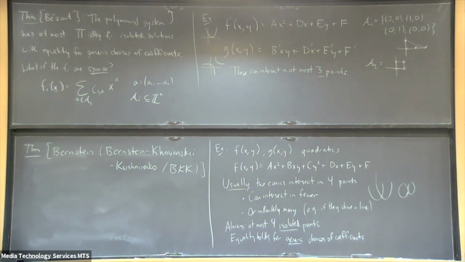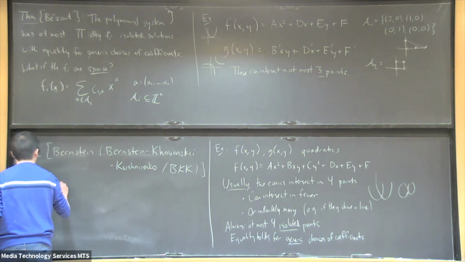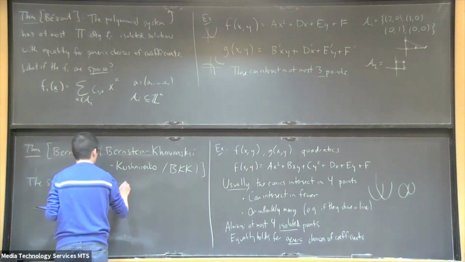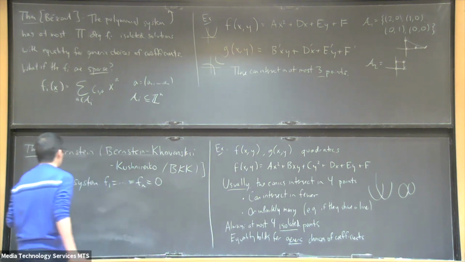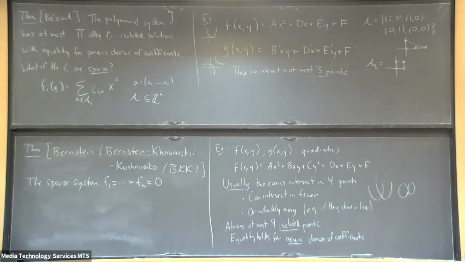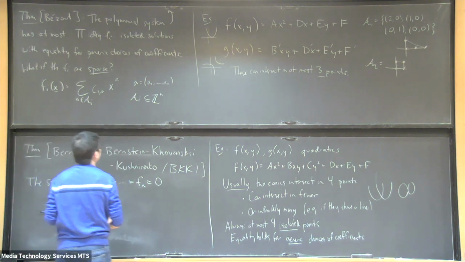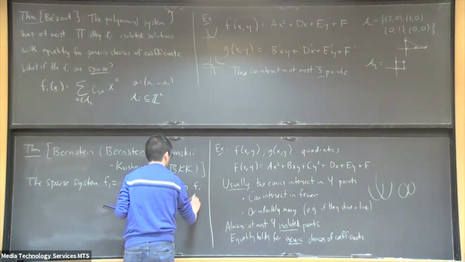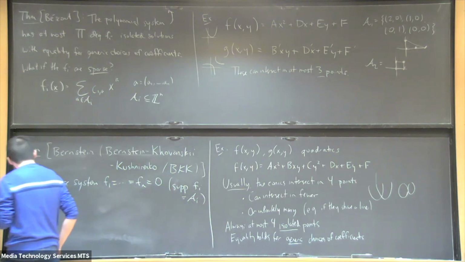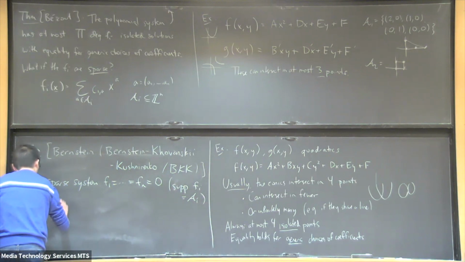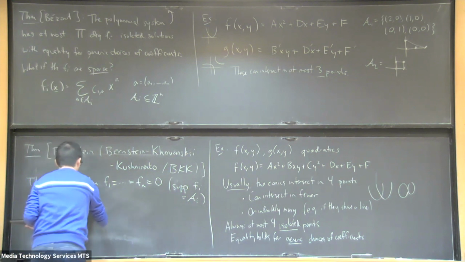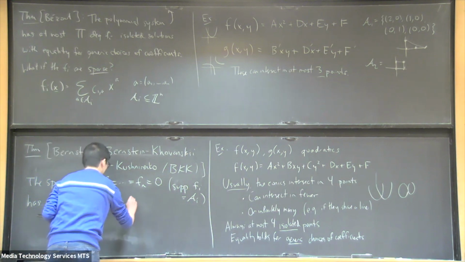So what does it say? It says that the sparse system, again assuming that the support of f_i is a_i, has at most some number of isolated solutions. I'm going to just write this expression and then explain what it is in a second.